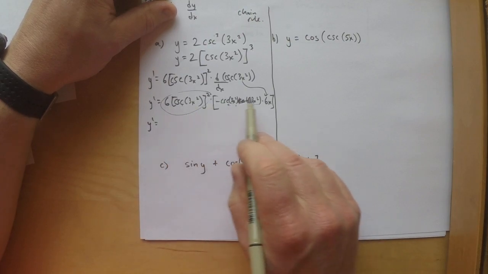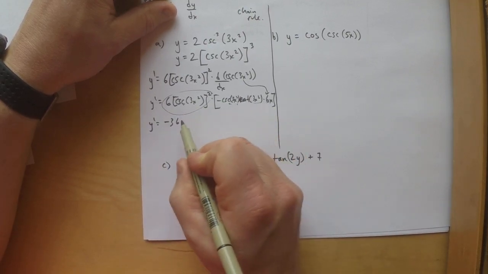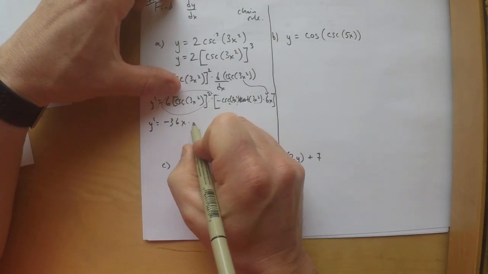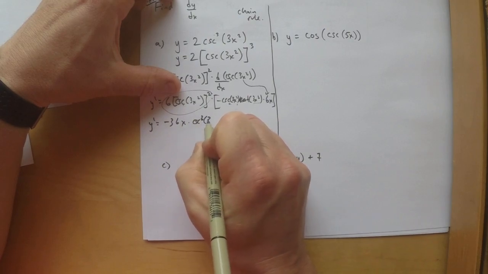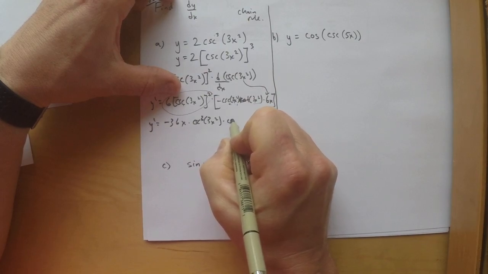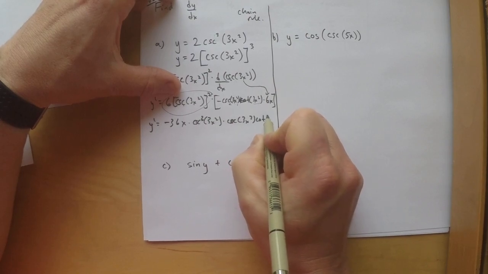so negative 6 and 6, so negative 36. I would prefer to put this x out front. I would then also prefer to write this cosecant as a squared here. And then I got another cosecant and a cotan.